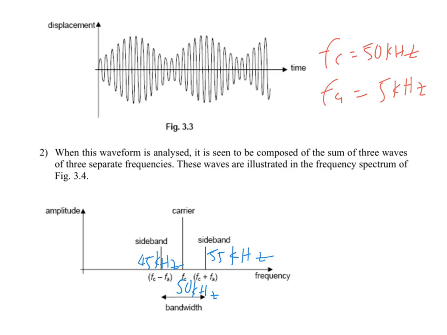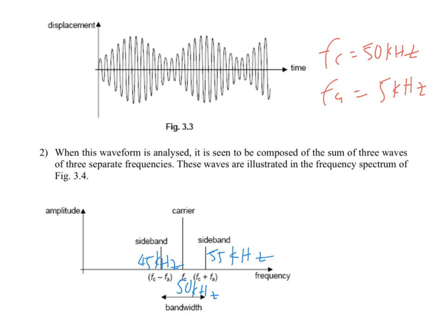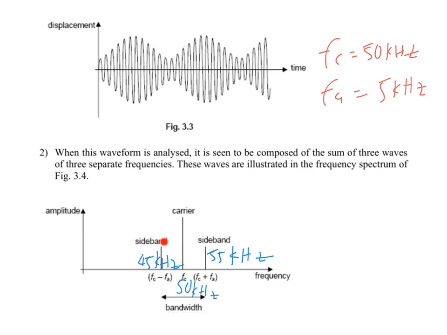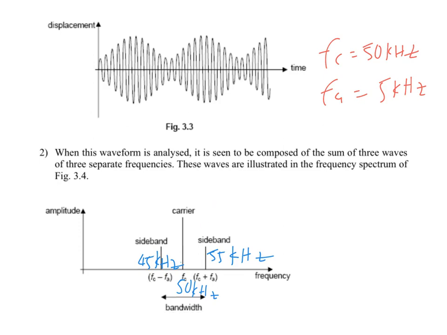So why is it important to know the 3 waves here? It means that even though you are transmitting the wave at 50 kilohertz, actually you are occupying between 45 to 55 kilohertz. This range that you occupy is called your bandwidth. That means nobody else must operate within 45 to 55 kilohertz, otherwise there will be interference.